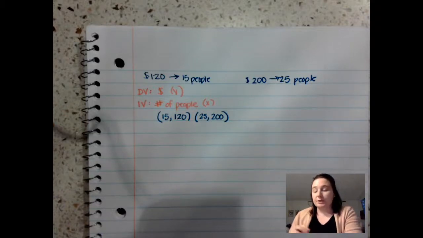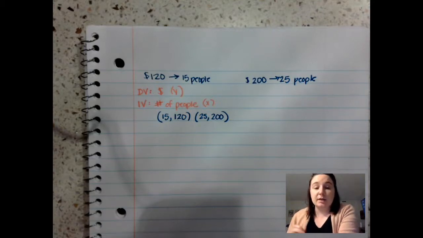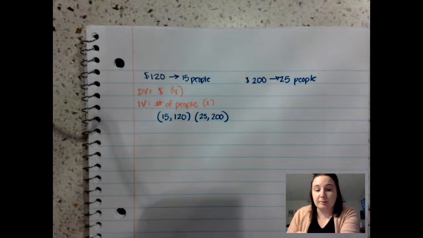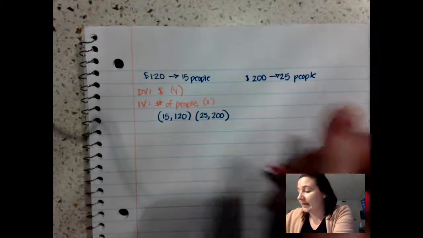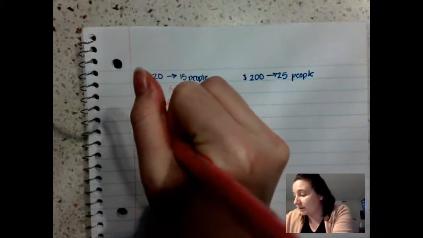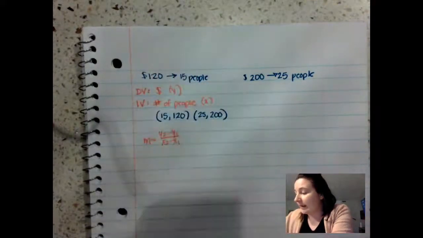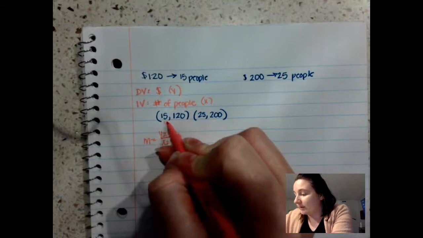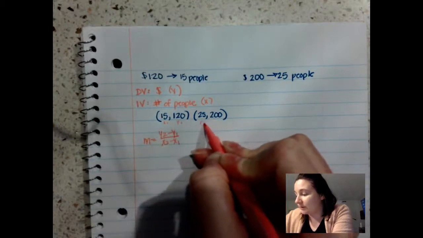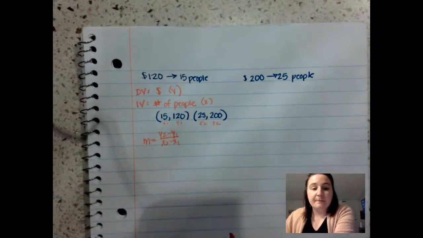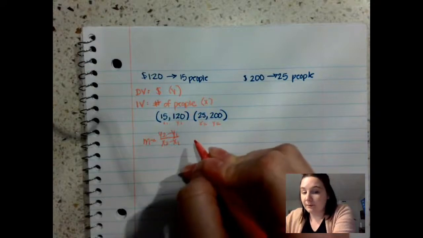So now what we want to do is find M and find B. Those are the two things that we need. In order to find M, we want to use our slope formula. I'm going to label x1, y1, x2, y2, and we can plug them into our formula.